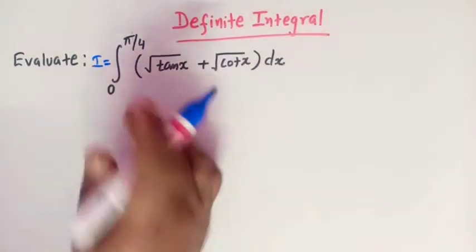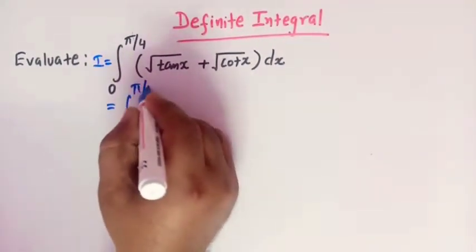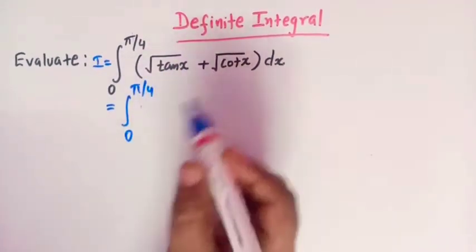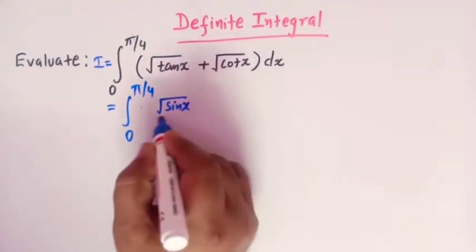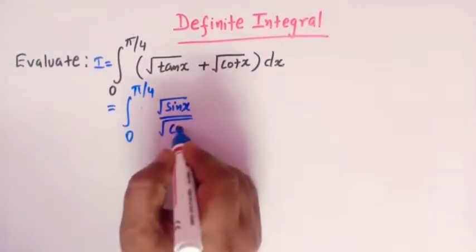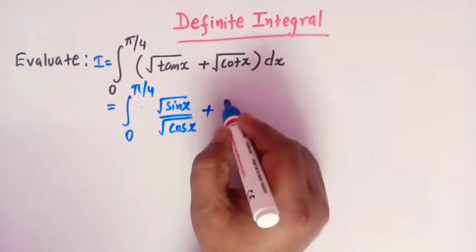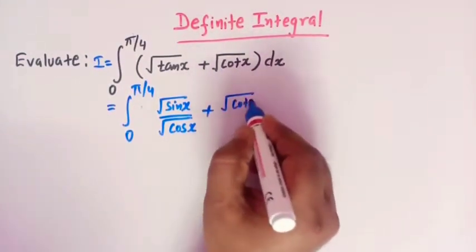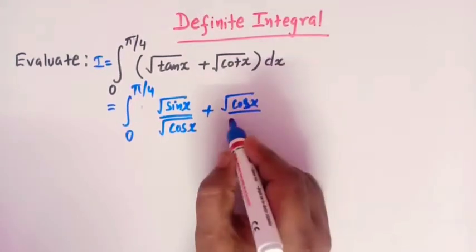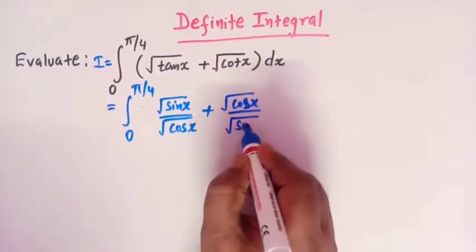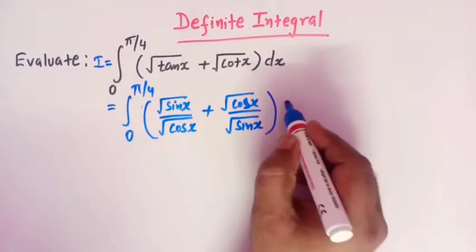Now let us write this function. Square root of tan x can be written as square root of sin x over square root of cos x. And square root of cot x can be written as square root of cos x divided by square root of sin x, and here we have dx.